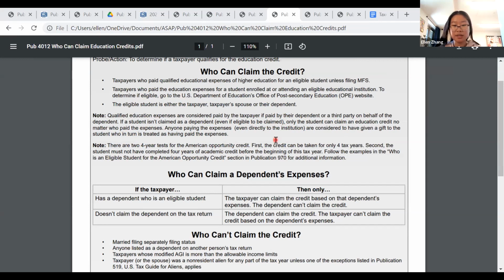So if you could be claimed as your parents' dependent, but your parents decided not to claim you, then only the student, or that'd be you, can claim this education credit, no matter who paid the expenses.